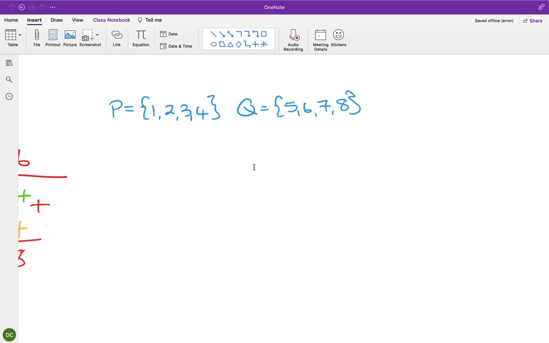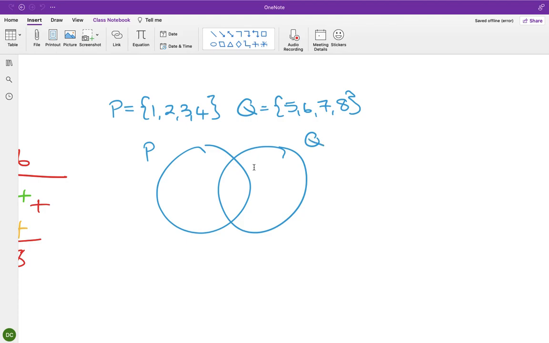What goes in the intersection? Nothing. What goes in the rest of P? 1, 2, 3, 4. What goes in the rest of Q? 5, 6, 7, 8. Right.